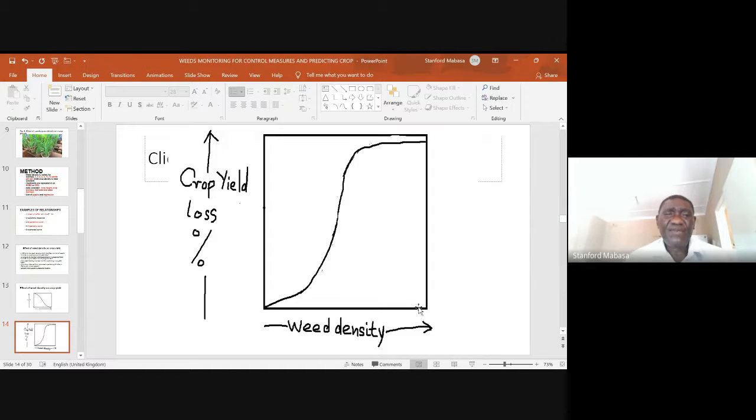If you look at the crop yield loss, it starts stable at the beginning, then we have a steep loss, then again it stabilizes. This is a sigmoidal curve, which was proposed by Zimdahl.